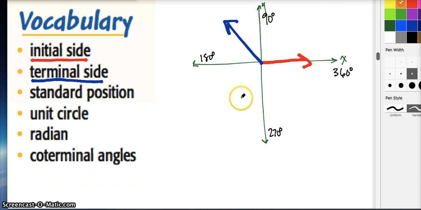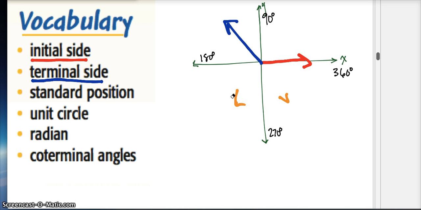Of course, I could do all kinds of things and call that an angle, but when we put the angle in standard position, our expectation is to have the initial side starting at the vertex, at 0, 0 at the origin, going along the positive portion of the x-axis, and the terminal side ending anywhere it needs to.